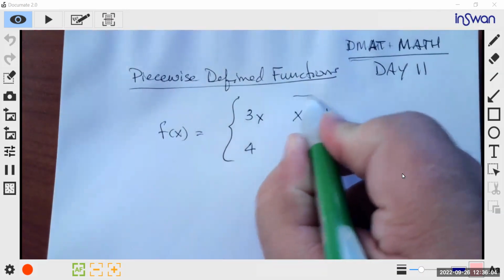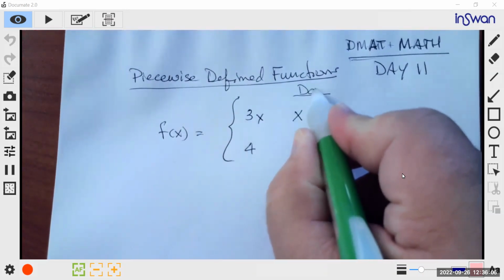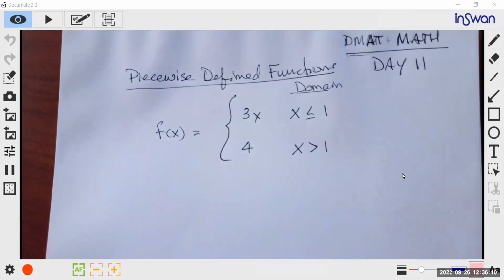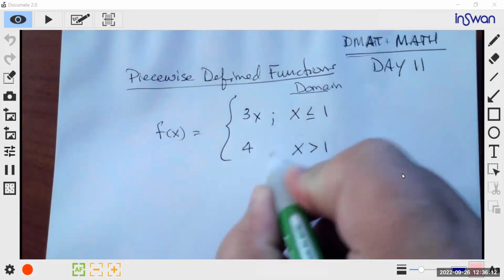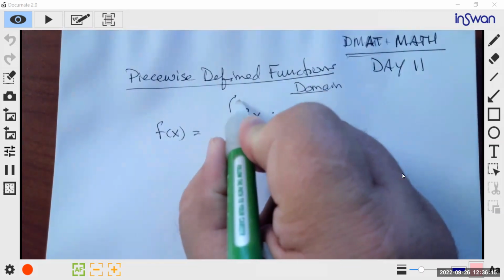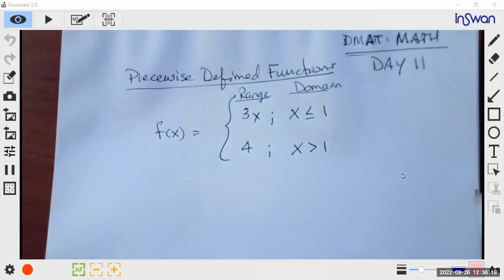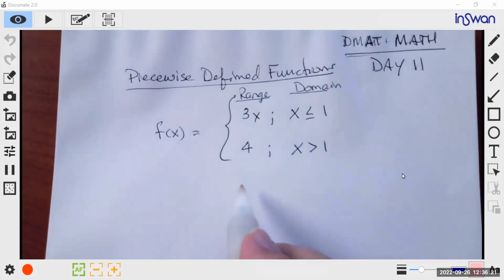This part here is your domain. Those are all your possible x values. And this is your range. This is what defines the y values.